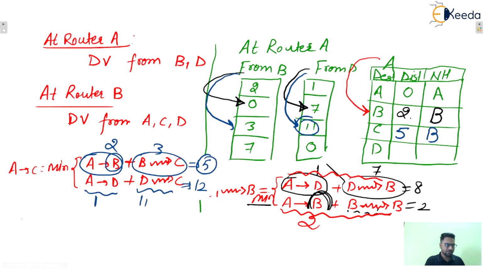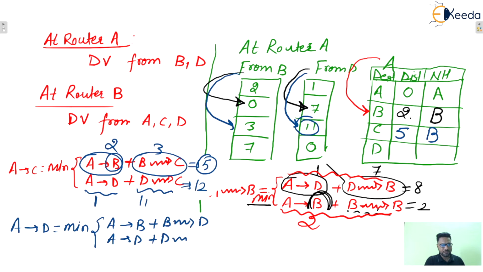Next, similarly, we can find A to D. A to D is the minimum of, only two neighbors are there, we can go via B or A to D directly. So via B plus B to D, and D to D is meaningless.